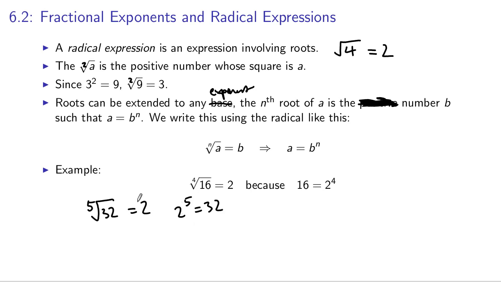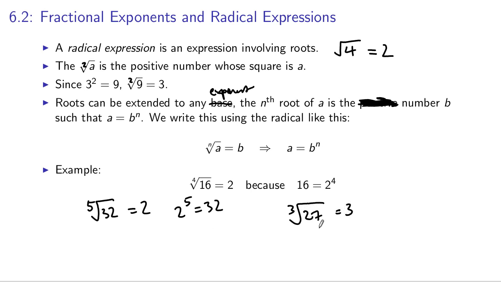We're trying to find what number, when I multiply by itself 5 times, in this case, is 32. The cubed root of 9 is 3. No. Cubed root is the square root. The cubed root of 27 is 3, because 3 cubed is 27.